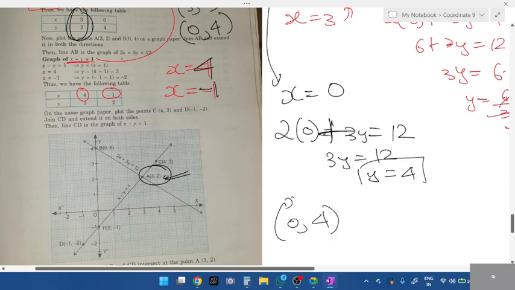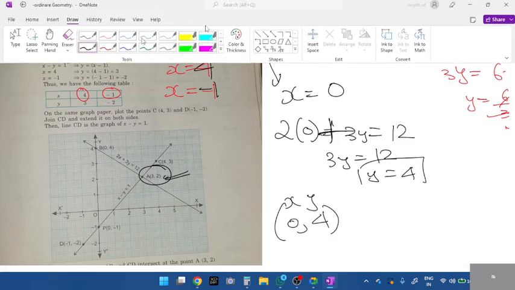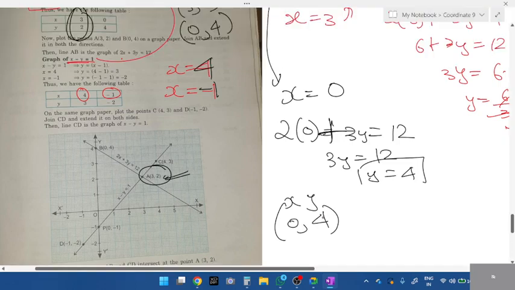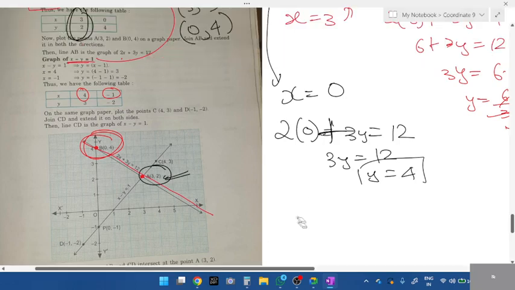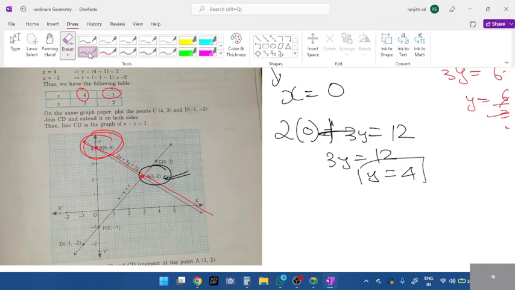0 comma 4 lies on which axis, students? X axis or Y axis? Which one has the value here? Y axis. Can you see the point? B point. Is it clear, have all of you understood? Draw a straight line. Next, what are the other 2 points we have to take, students? For the second equation, what are C and D? All of you respond.